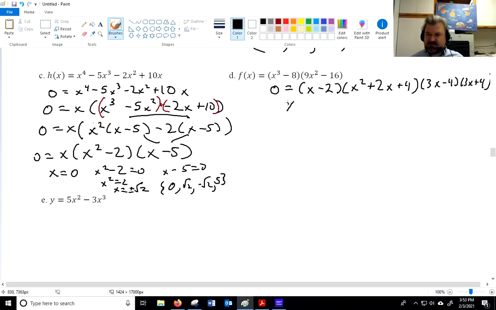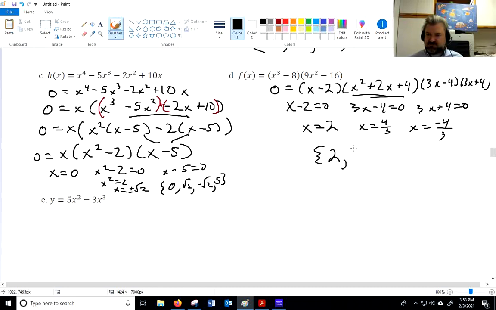Now we set each one of these things equal to 0. That's going to be imaginary, so I'm actually just not going to do it. Feel free to check that on your own, but those will be non-real. X equals 2. This will give me x equals 4/3 when I add 4 and divide by 3, and this will give me a negative 4/3. So those are our solutions. 2, 4/3 and negative 4/3.